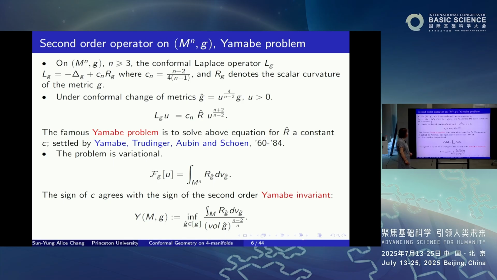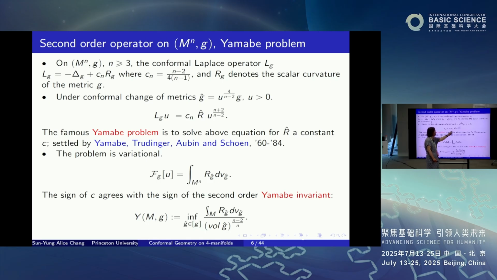Now, if we try to generalize this beautiful piece of work to higher dimensions, one attempt is to study the so-called scalar curvature. The Laplace operator is replaced by the conformal Laplace operator, and this operator has the conformal covariance property. The traditional notation of this conformal change is u to a certain power, 4 over n minus 2.